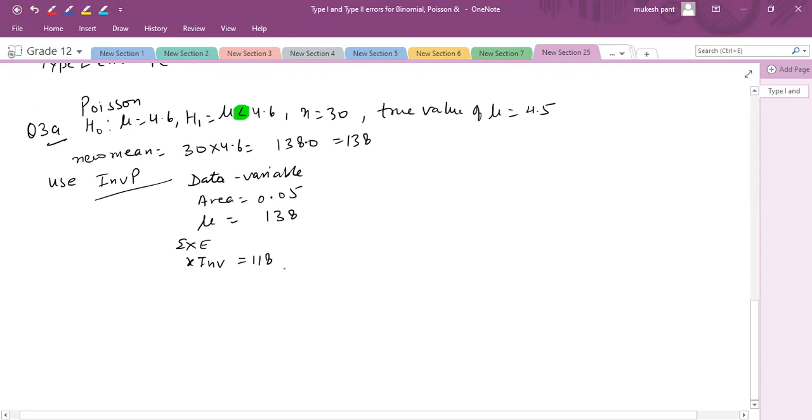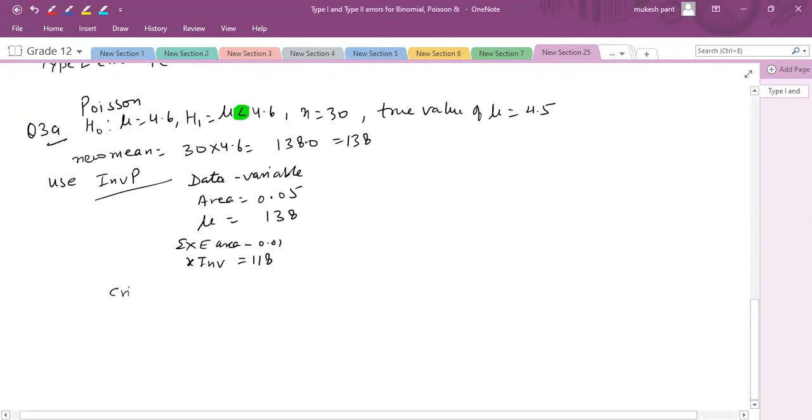You can take this value when the area is 0.01, to find the critical region.